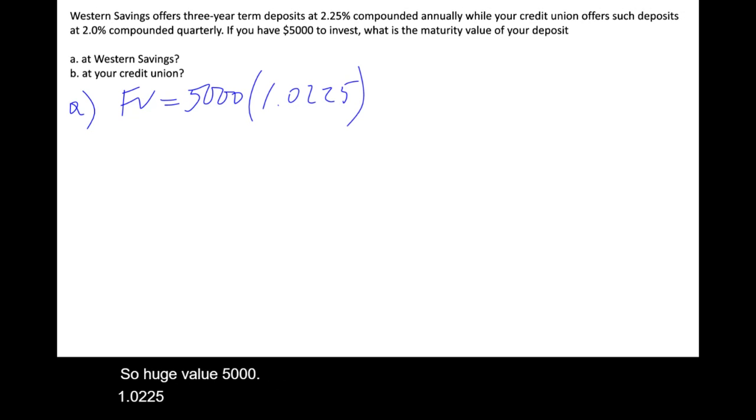And now such deposits, 3-year term. So 3. Do you have the same equation? Guys, good. That's the answer.